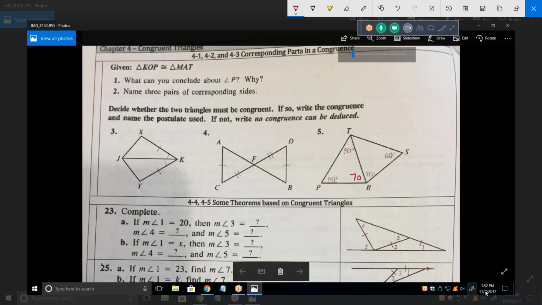Always fill in the unknown angles. Are those two triangles congruent? Yeah. Why? It's the angle side. Which side? The one that they're sharing.